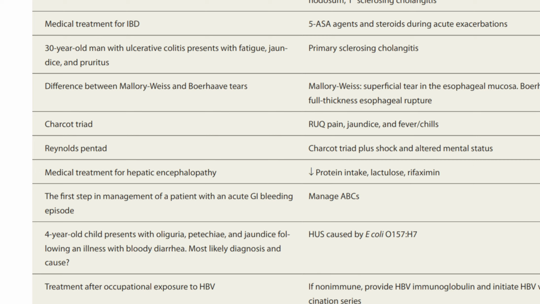It's a little child with oliguria, petechia, jaundice following an illness with bloody diarrhea. The most likely diagnosis is hemolytic uremic syndrome caused by Escherichia coli. Now remember that Escherichia coli produces hemorrhagic bloody diarrhea.